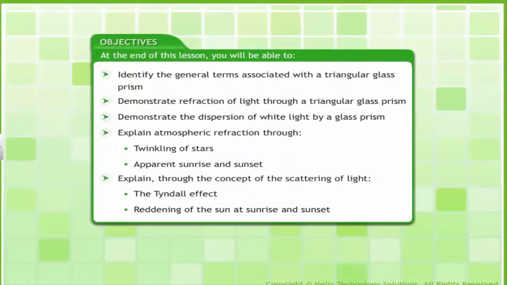At the end of this lesson, you will be able to identify the general terms associated with the triangular glass prism, demonstrate refraction of light through a triangular glass prism, demonstrate the dispersion of white light by a glass prism, explain atmospheric refraction through twinkling of stars, apparent sunrise and sunset, explain through the concept of the scattering of light, the Tyndall effect, and reddening of the sun at sunrise and sunset.